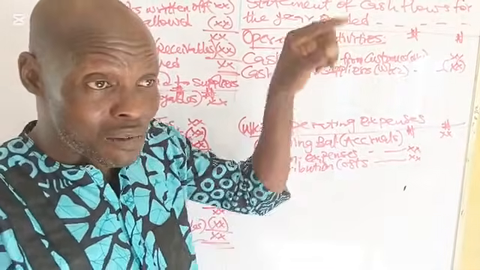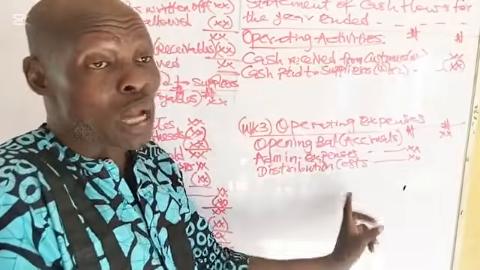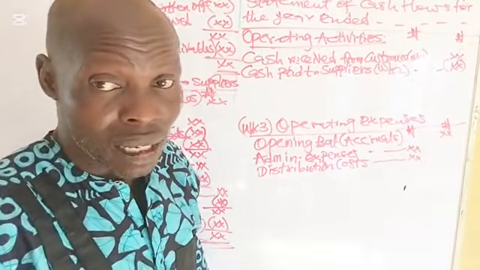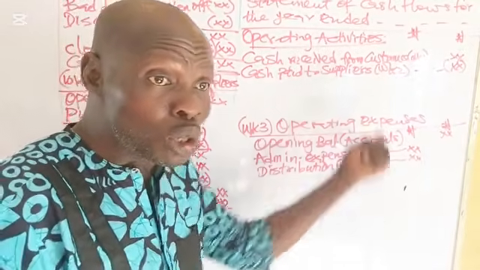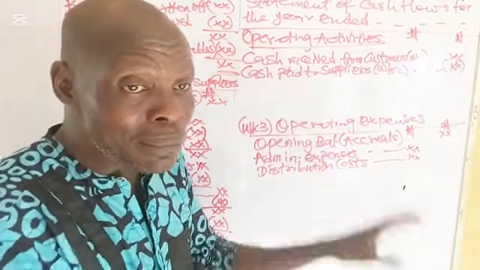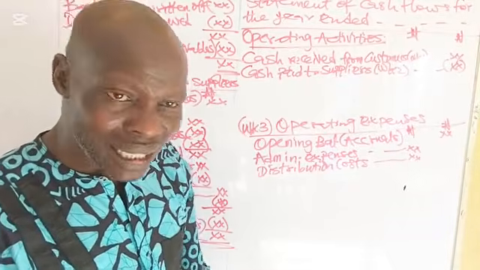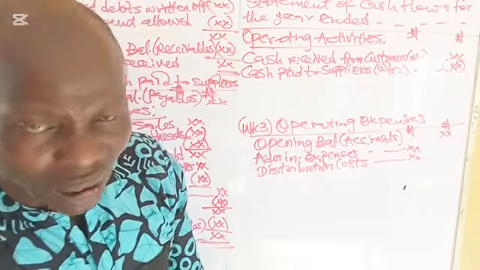It is profit you are converting to cash. But now, we are converting each item to cash. We want to convert the expenses to cash. We want to get the actual amount paid in respect of the expense. So these are what we need to understand.